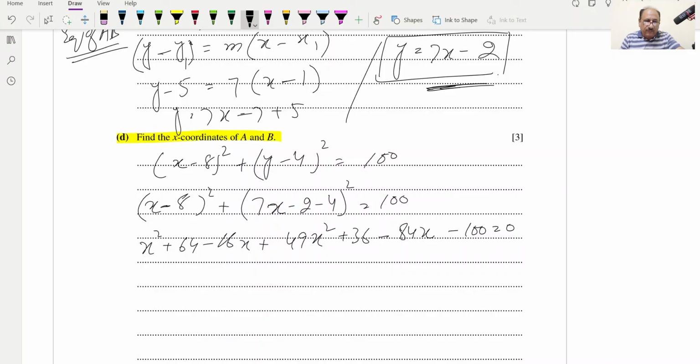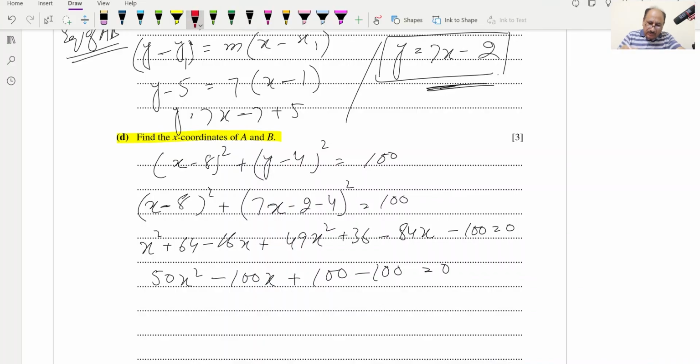Now x squared and 49x squared will be 50x squared, and minus 16x and minus 84x will be minus 100x, and 64 plus 36 will be plus 100, and minus 100 is equal to 0.